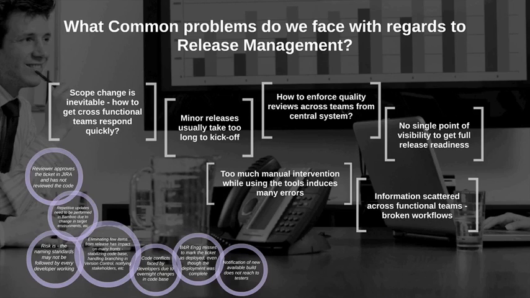We're doing that because sometimes there's no single point of visibility to get full release readiness, and creating a centralized system really provides a point at which we can go to answer all of these other questions. Not only that, it solves the issue that there's too much manual intervention without a centralized system, and that creates artifact errors.